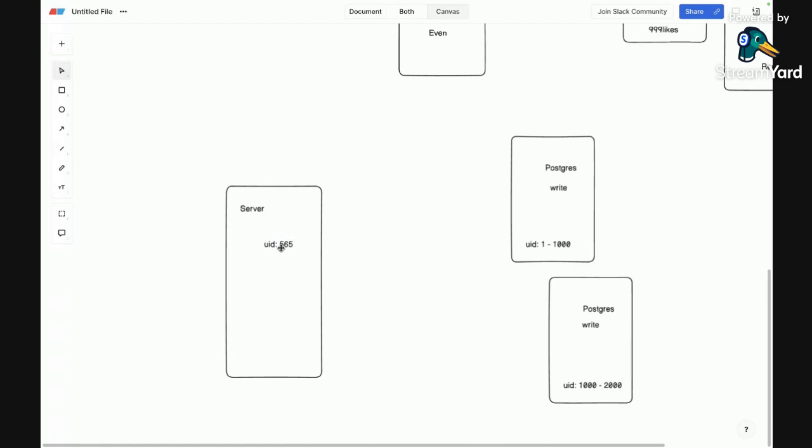There are algorithms that can decide where to send. You could have a Redis database which can track this, so you can say this is DB server 1, and then you have DB server 2.